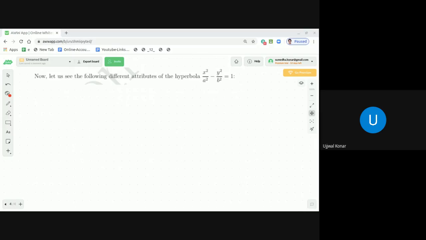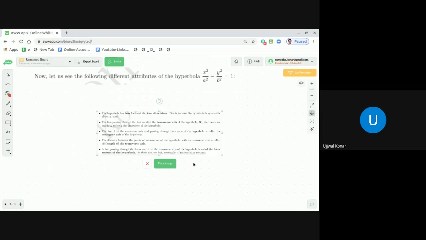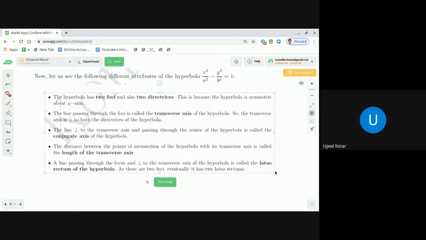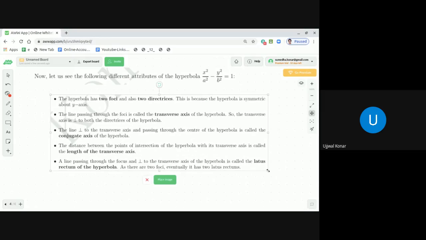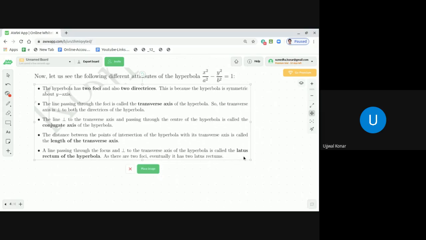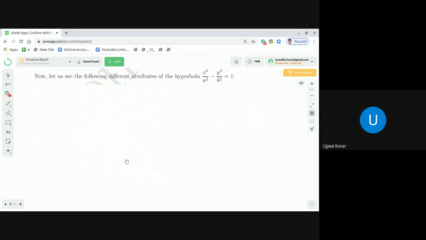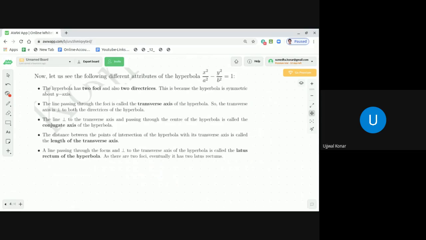Let me first place this point. As I place all these points, let me discuss one by one. The hyperbola has two foci and two directrices.